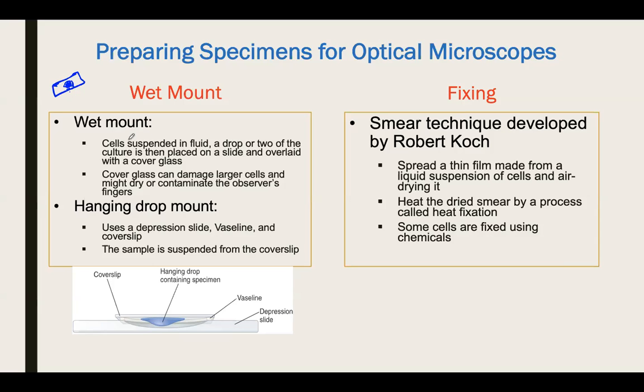Now for the wet mount, just imagine, as I told, the ladybug. So you are looking for a living specimen. Just imagine that this is a slide and this is the ladybug, and you are trying to focus your microscope.